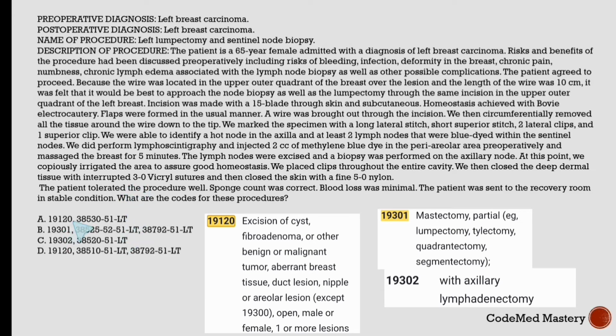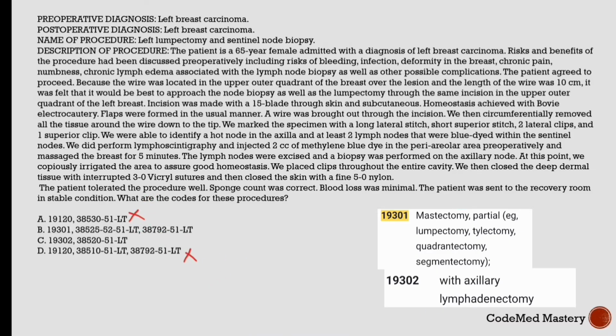So 19301 is for mastectomy, partial, lumpectomy. In the procedure also they have performed lumpectomy, right? And 19120, which is in option A and D, it is for excision of cyst, fibroadenoma. But we have to code appropriately for lumpectomy only. So by this we'll directly eliminate option A and option D.